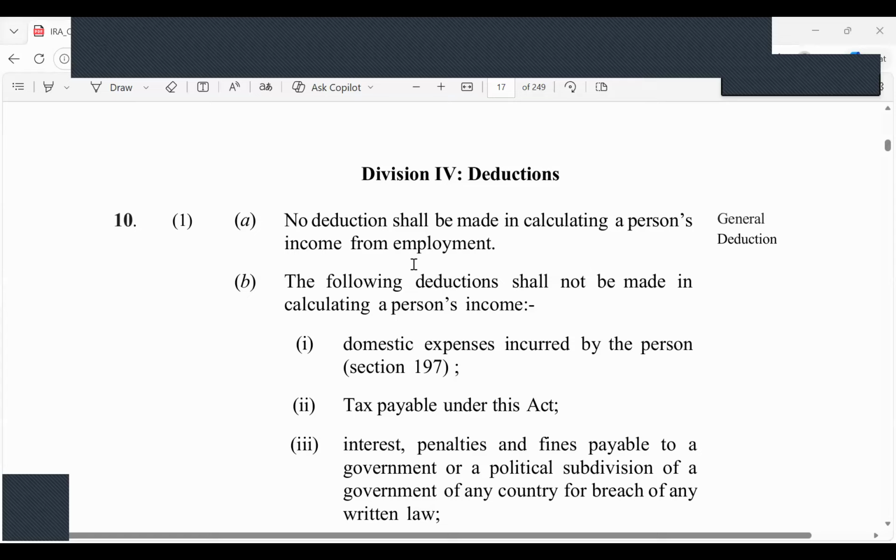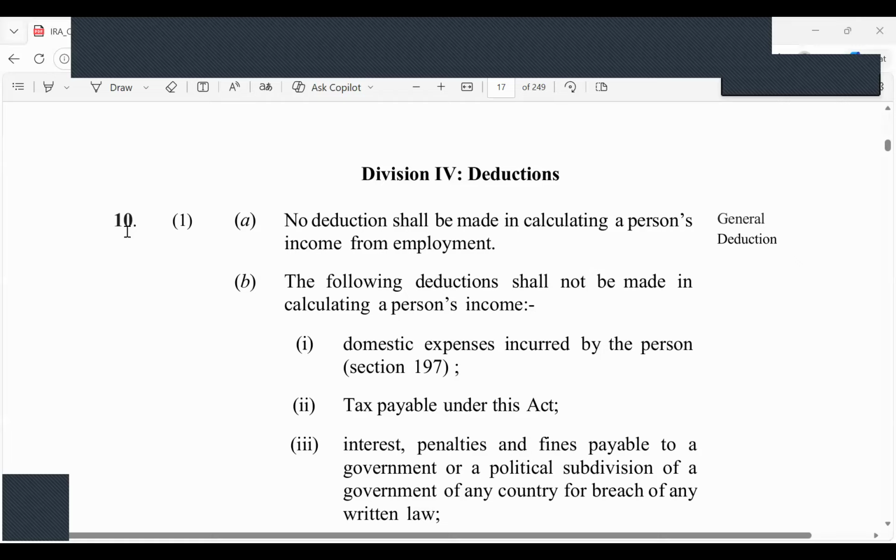Okay, so mainly the general deduction rule says the expenditure that are not allowable as a deduction. That means if we identify the items that are not available for the deduction, then for us it is very easy, because then we know what are the items that can be deducted as an allowable expenditure.